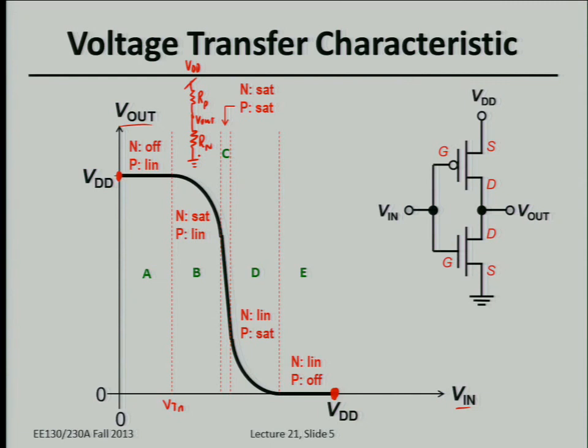So the output voltage is just going to be given by the voltage divider formula. It's going to be somewhere between VDD and ground. And initially, when you turn on the NMOS transistor, R sub n is going to be relatively large compared to R sub p. So V out will be closer to VDD than to ground. Okay?